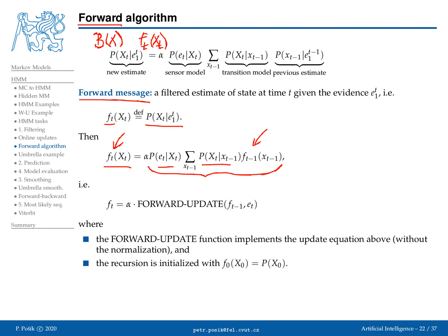You can implement it in a single function that should be called something like forward update or forward step. It takes the previous estimate and the current observation as parameters, and it will produce something which can be turned into the new estimate. These are distributions, vectors of numbers. It's not a single number.